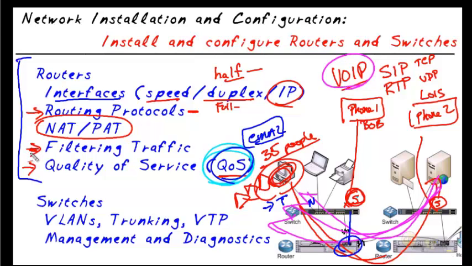Filtering is handy and can be done in lots of places, including on router interfaces, by specifying what you want to allow or not allow. And then quality of service gives preferential treatment by, first of all, marking packets as special, quote unquote, and then training the router to identify those special packets and give them preferential treatment on the network.